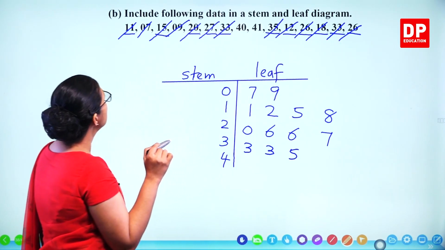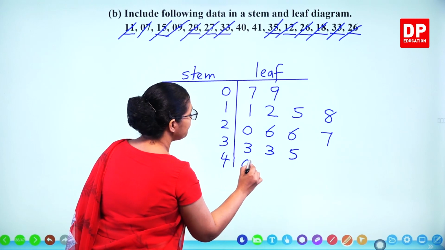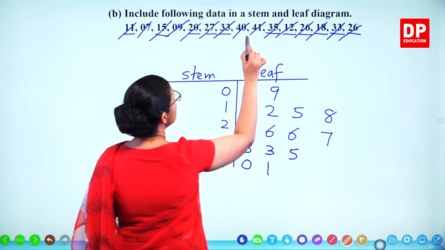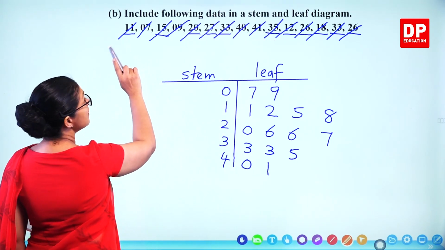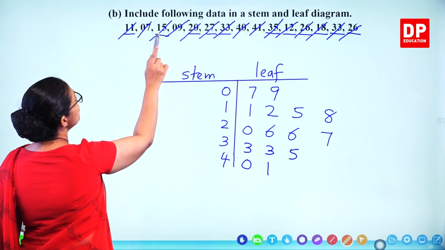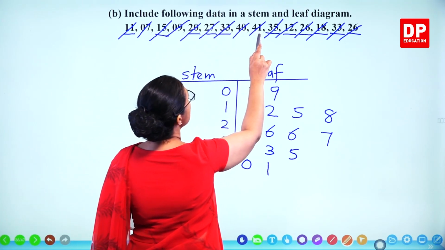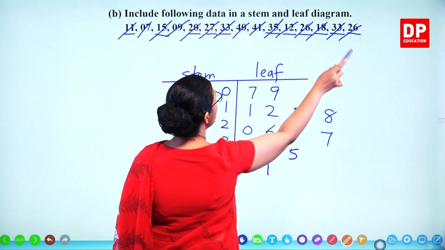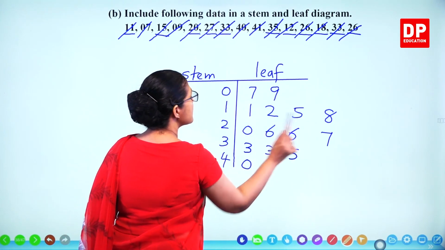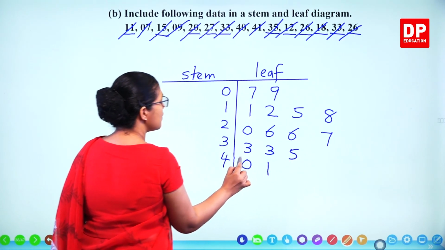Then 40 is 40 and 41. Now see whether altogether the same number of terms: 1, 2, 3, 4, 5, 6, 7, 8, 9, 10, 11, 12, 13, 14, 15. And 15 in the diagram as well.